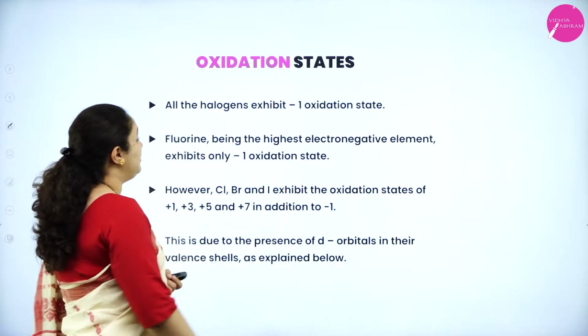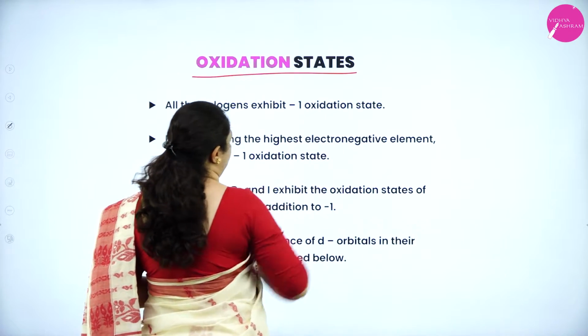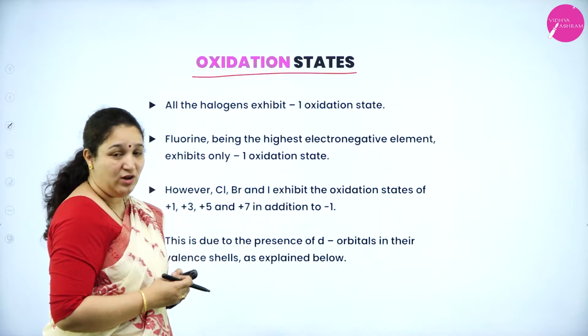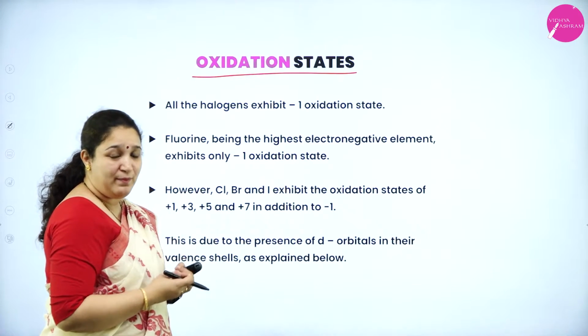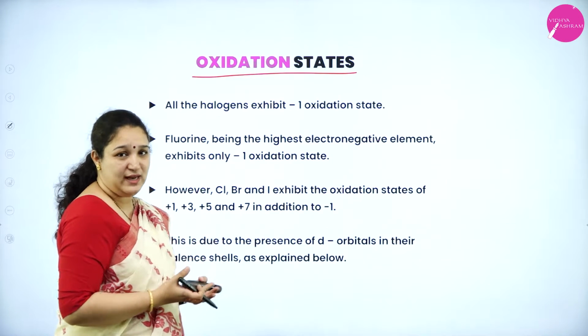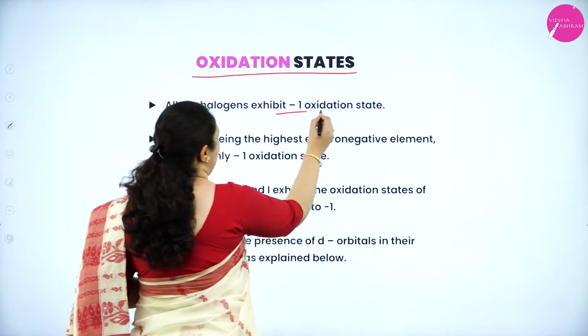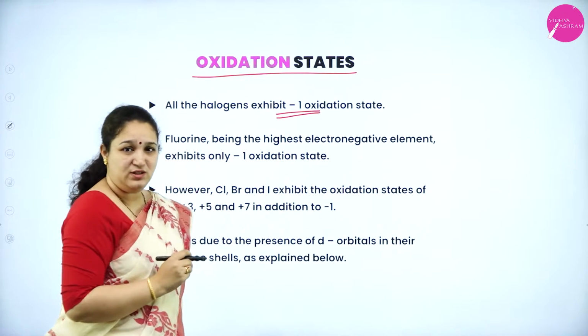Next is about the oxidation state. As I told you, they like to take up an electron. It is easy for them to take up an electron than losing electrons. Thus, all of the halogens will show -1 oxidation state.